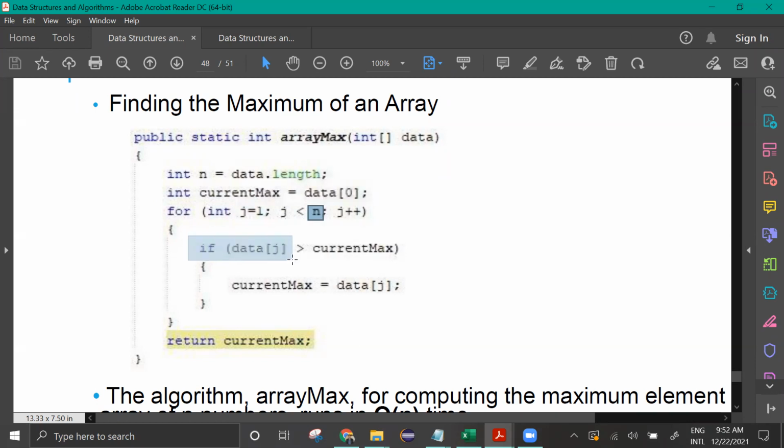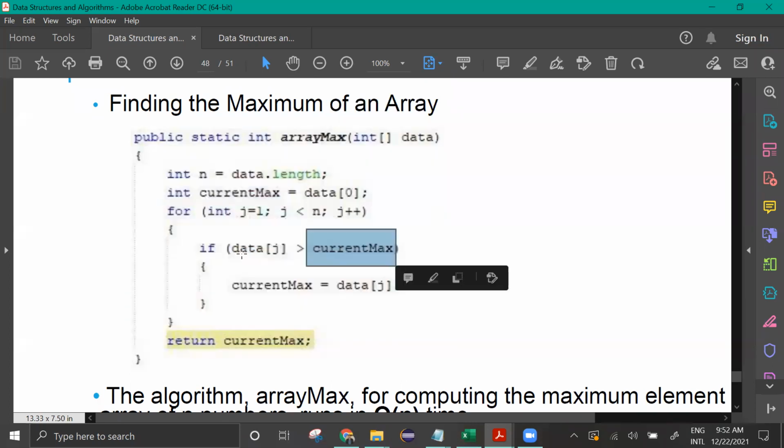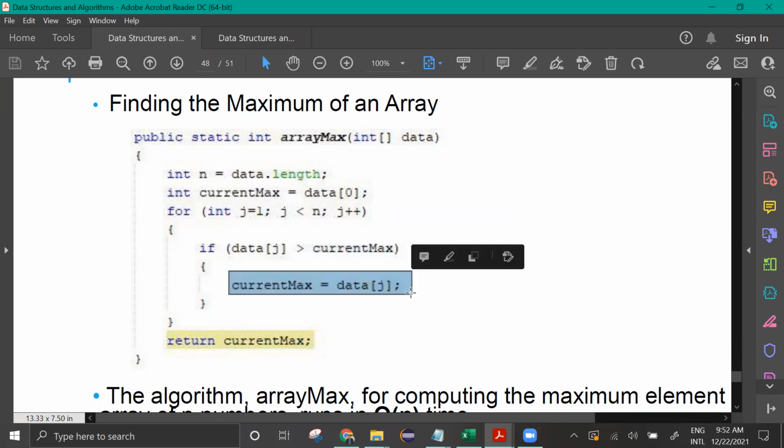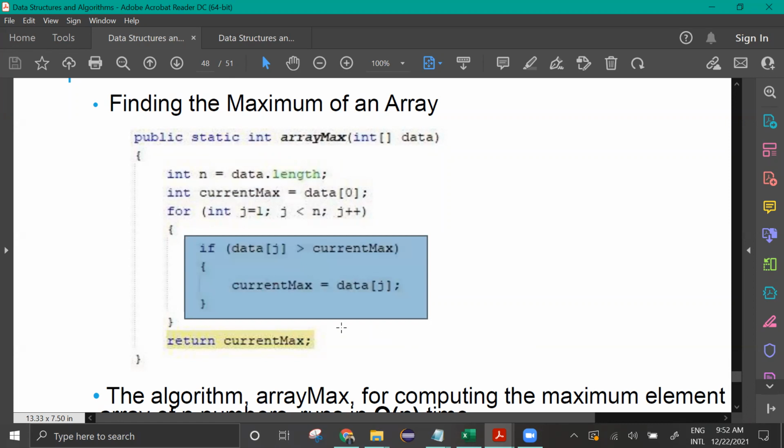If the item that we are checking is greater than the current maximum, the maximum is assigned that new greater value, right? So this is a very simple program that we discussed in our first semester.